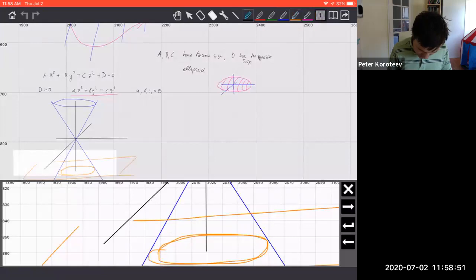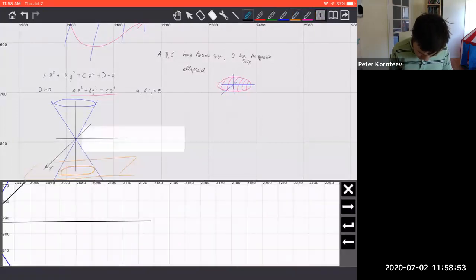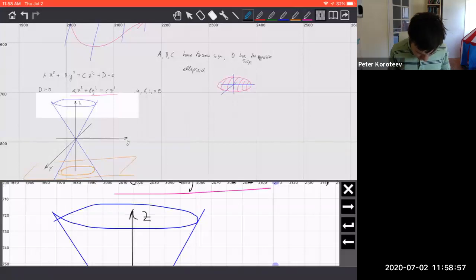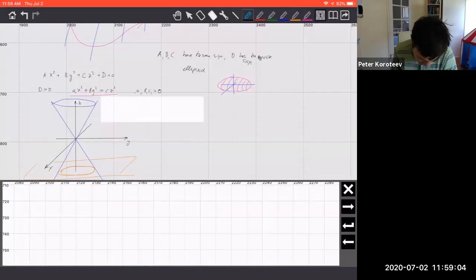And of course, if you slice it with a vertical plane, you will have two hyperbolae. Let's write it here. Say x is a constant, so x is equal to x0.